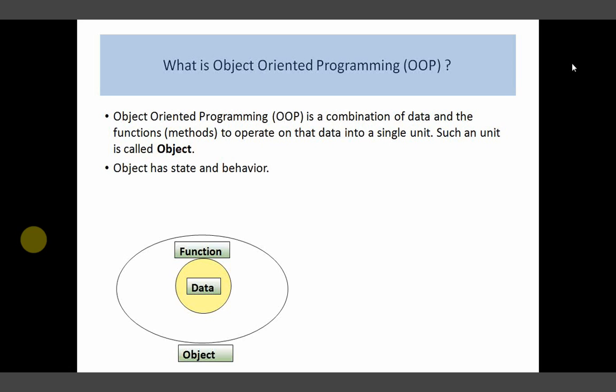That default constructor provides state for an object. That is nothing but it provides some memory to the object with a reference. Okay. So an object has state. State is provided by the constructor, and behavior is provided by the methods in an object.